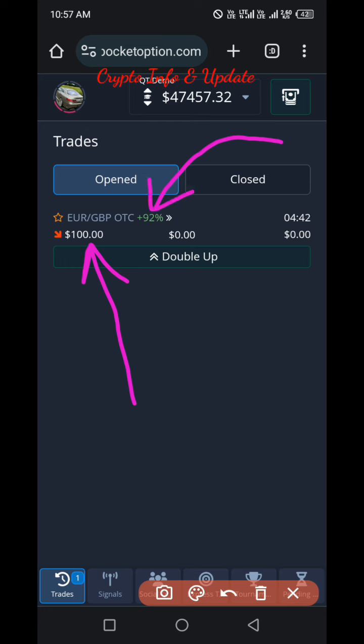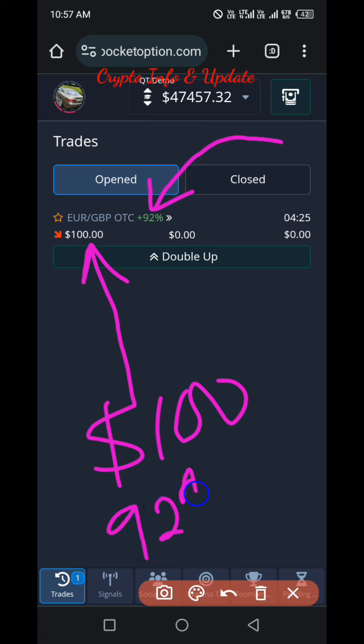Though you can't see it here, it will not show that it is doubled, but it became doubled. So my new capital now for this trade is $100, and my potential profit now became 92%, though it is not showing there, but that is what it is. 92% times 2, which is 184%. All right, 184% potential profit.